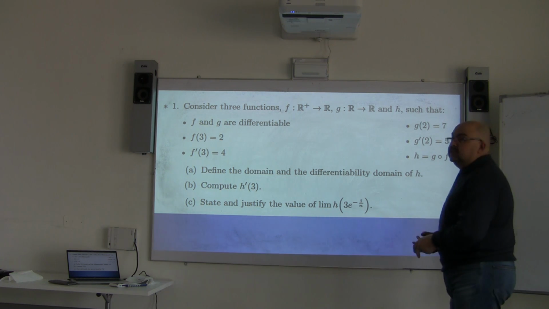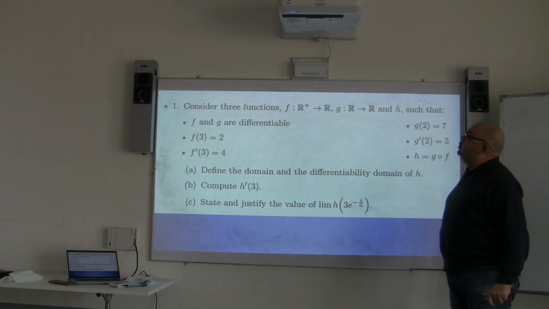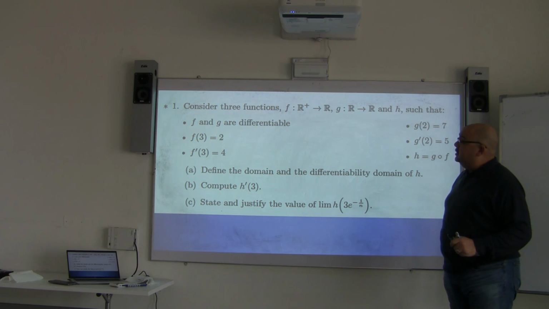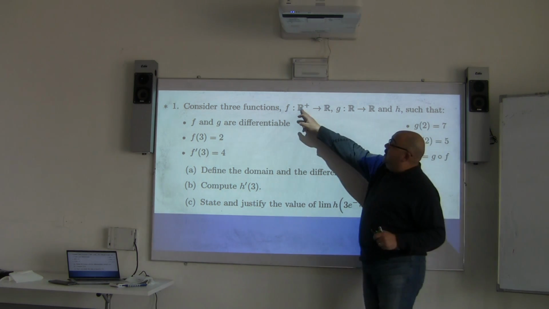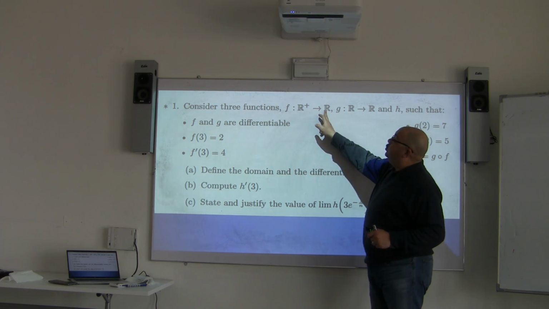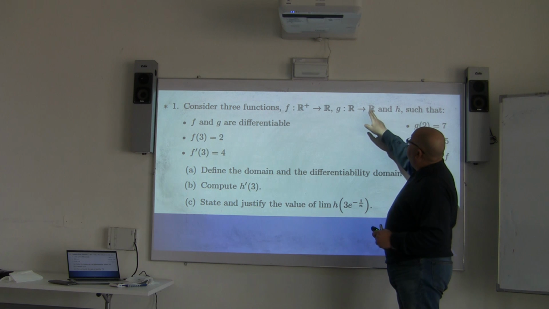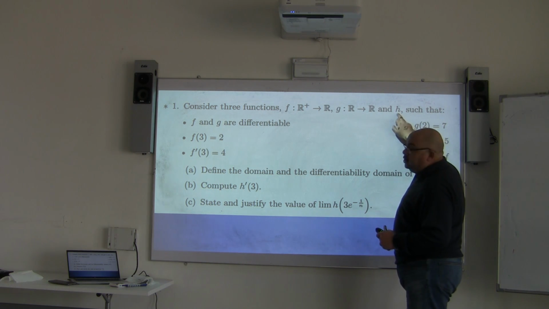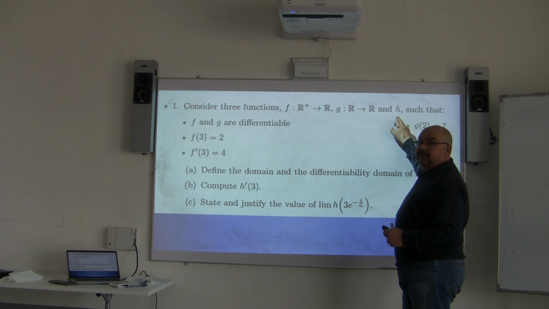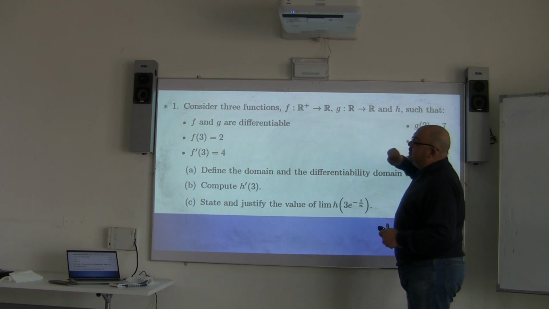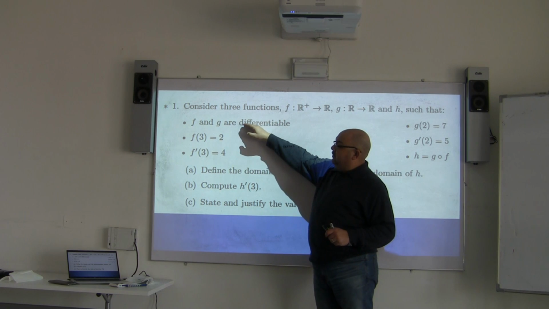Consider three functions. F takes the positive side of the real numbers and maps it into R. Consider also G, which maps from R into R. And consider H, a new function. H is a composite function, as you will see, such that F and G are both differentiable.